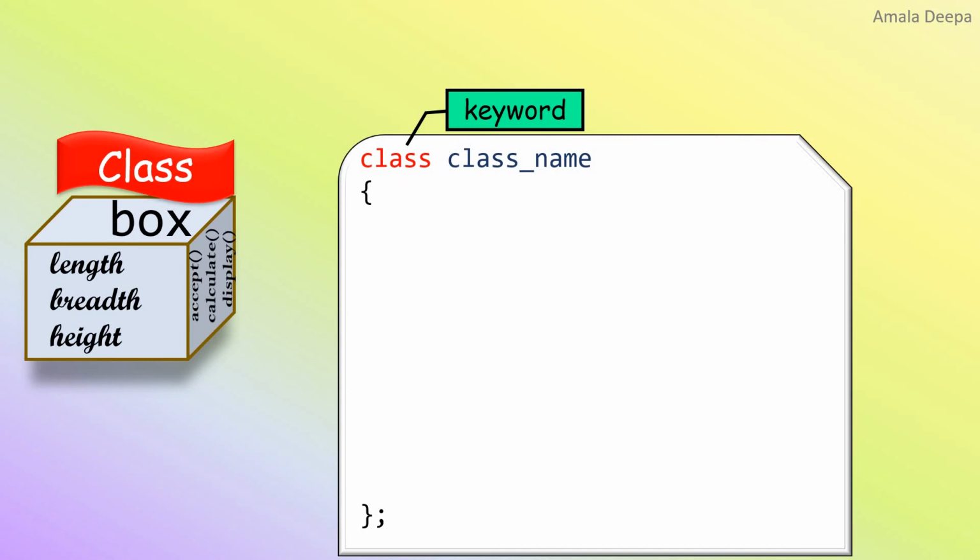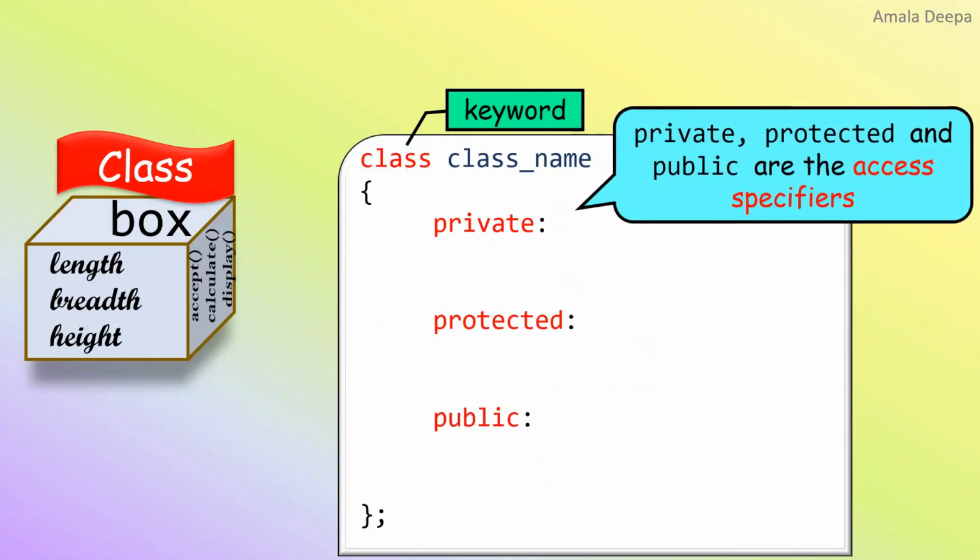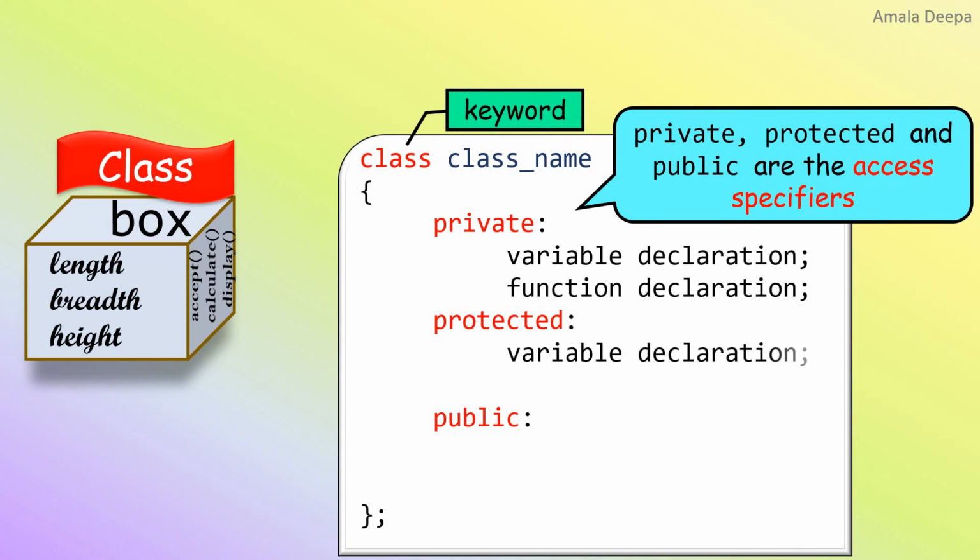Within the body of the class, there can be three labels: private colon, protected colon, public colon. These three keywords, private, protected, public, are called access specifiers. Under each of the access specifiers, there can be variable declaration and function declaration.